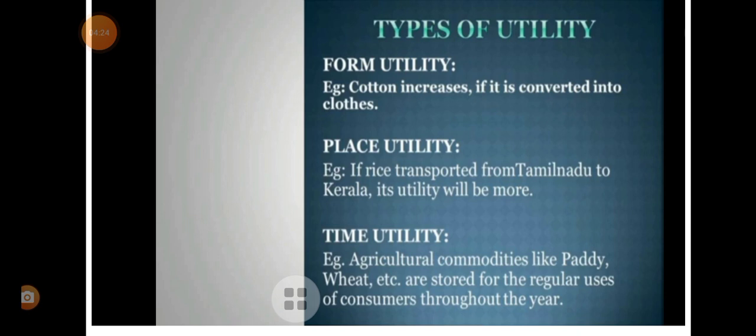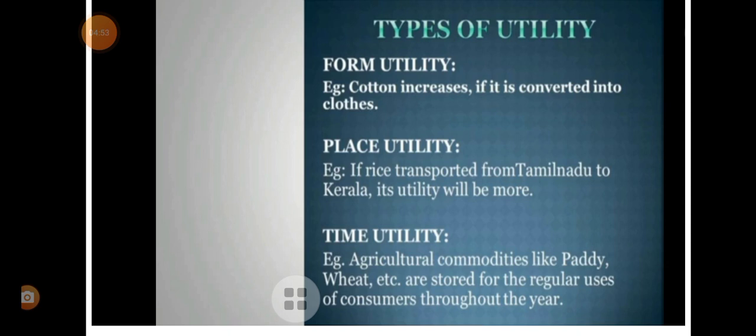But if you convert that cotton into clothes, then the clothes will be very expensive. They are costly. You change the form, that's all. You change the cotton into cloth, so now the cloth became valuable. This is called form utility. You change one form into another form so that it becomes highly valuable.